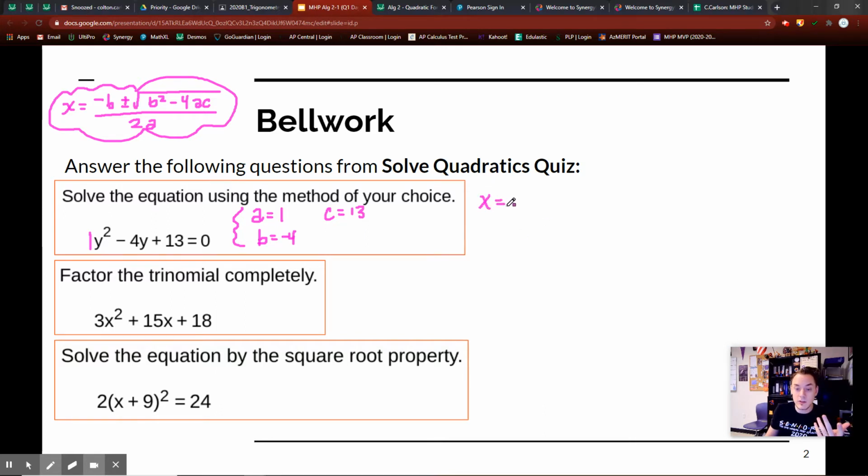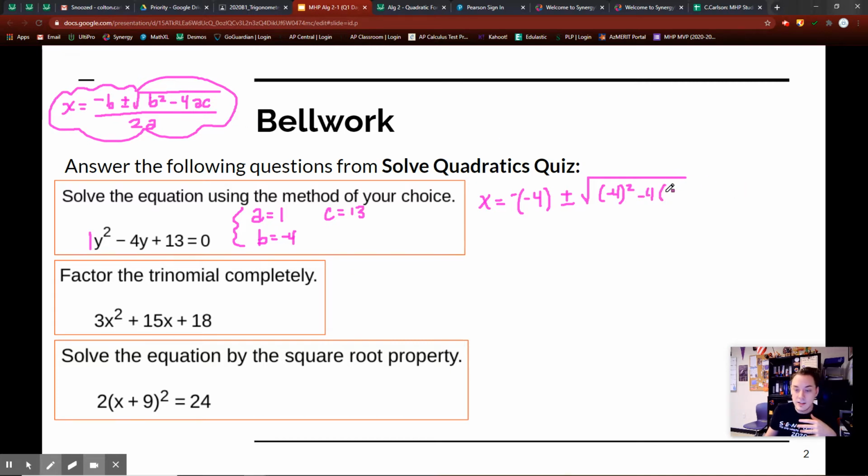So x equals, let me find out what these x's are. My b is -4, so that means it's going to be -4, just like this, plus or minus the radical. I'm going to put -4 into parentheses here because that's b squared, following my formula, minus 4, following my formula.